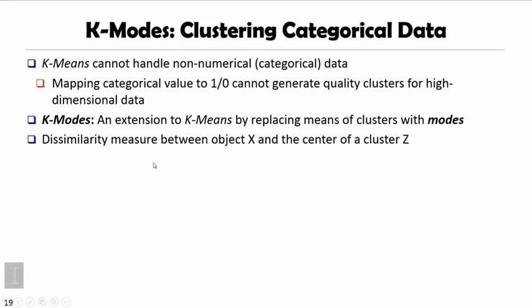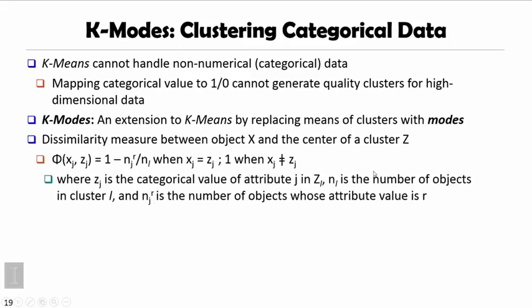The dissimilarity measure between object X and the center of a cluster Z is written as follows. This is the dissimilarity, or we can say distance function. For the j-th field of object X, that means X sub j, and the j-th field of the cluster center Z, what's the distance?